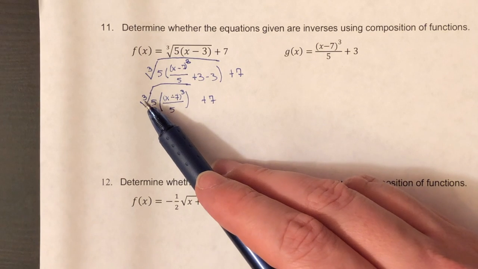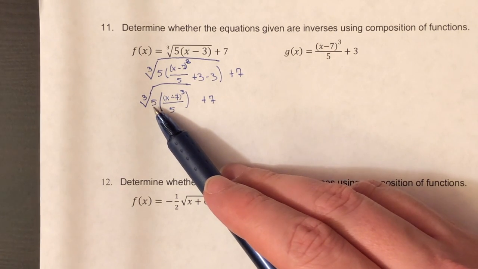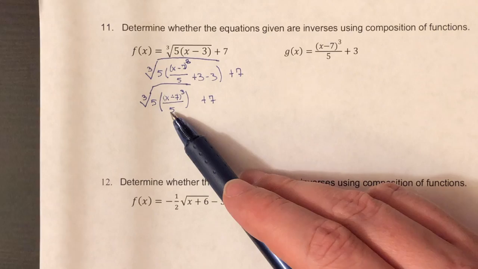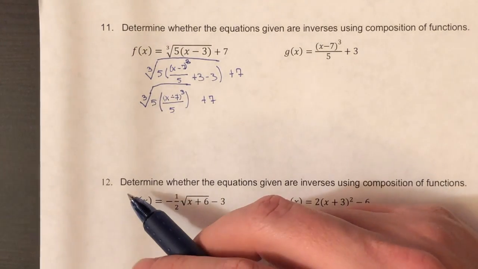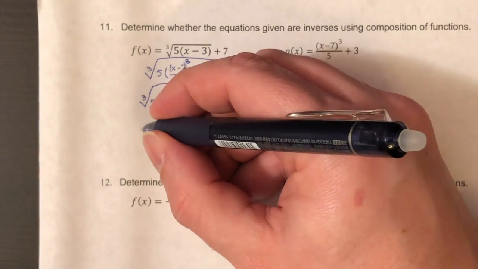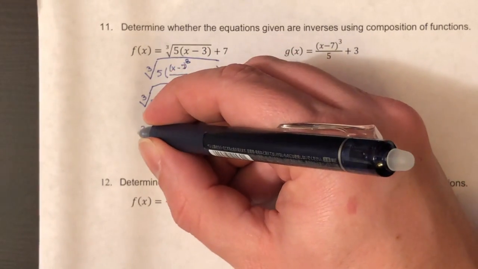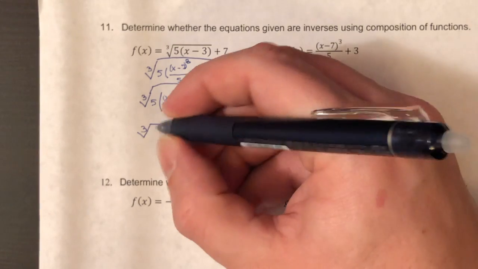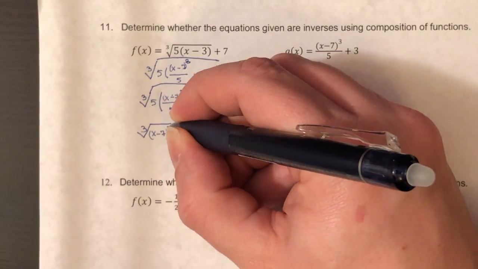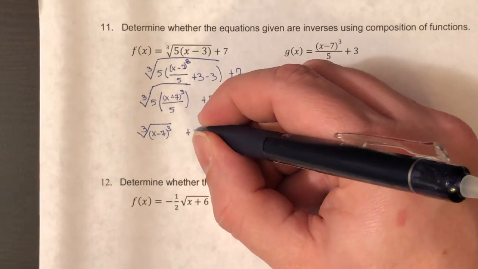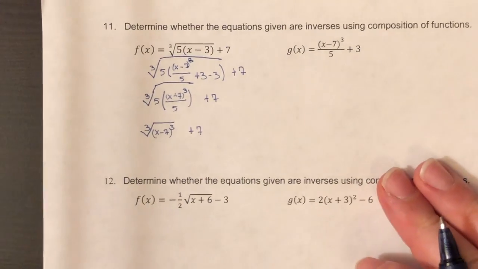Now, this 5 is multiplying here and then dividing by that 5, so those 5s will cancel. So I've just got the cube root of x minus 7 cubed plus 7.